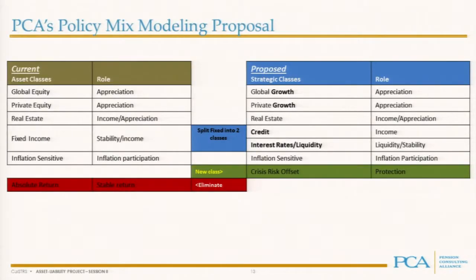And so that's what we're doing by pulling it apart. So you're not surprised by that, but actually explicitly recognizing that. Then there's another piece of fixed income, what we call interest rates liquidity, which does have interest rate risk, but it's really there to provide safety to the portfolio. So just breaking those two apart.